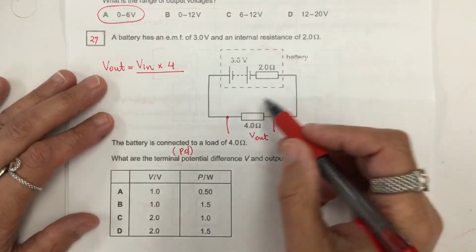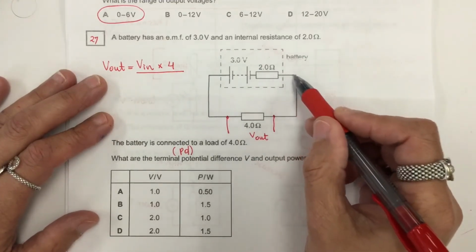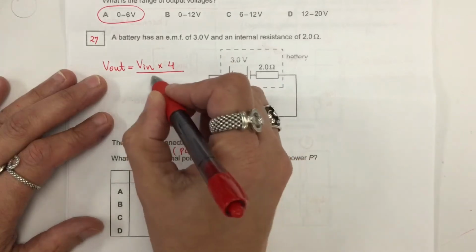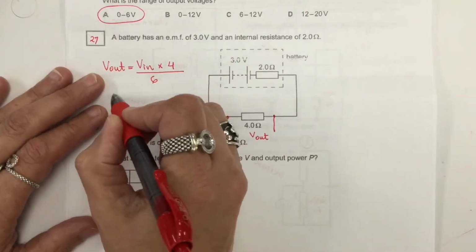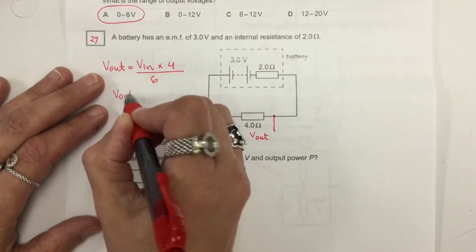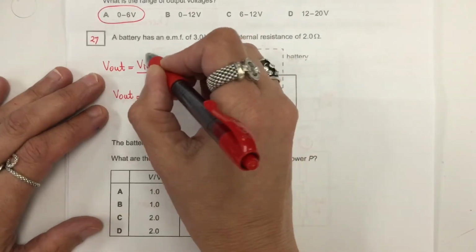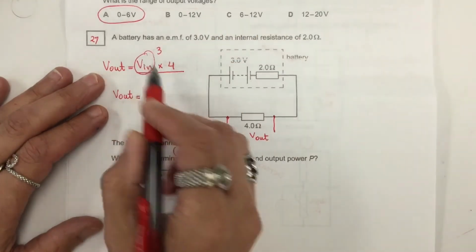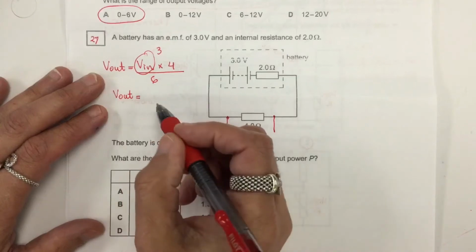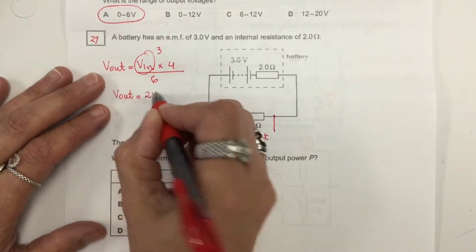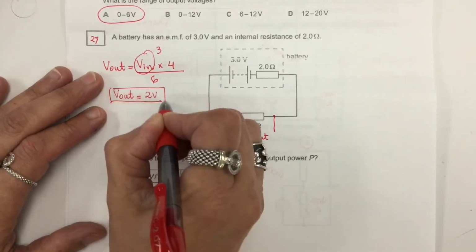They are in series in the circuit, in this case 2 connected to 4, so that will be 6. So your V out here, since V in is 3, is 3 times 4 divided by 6, we have a V out of 2 volts.